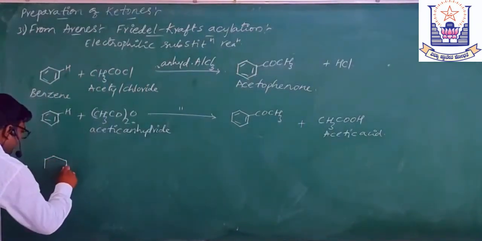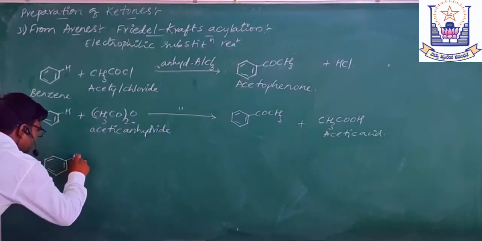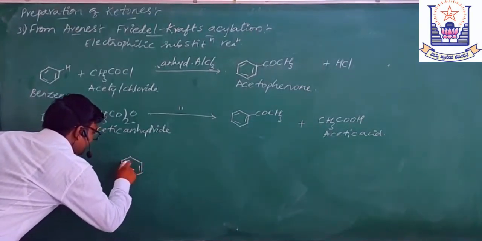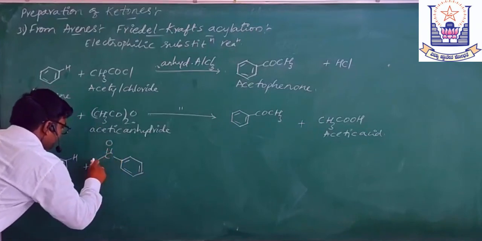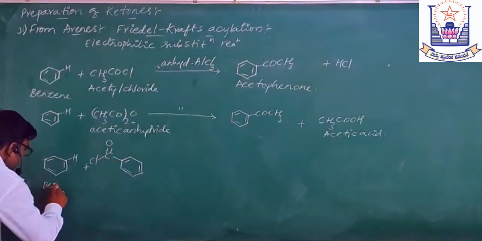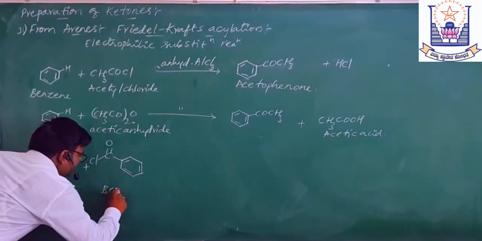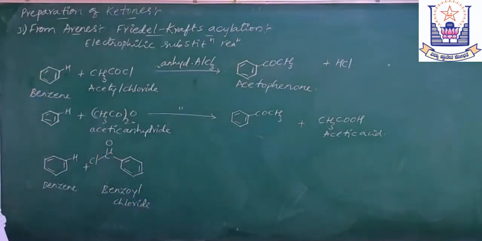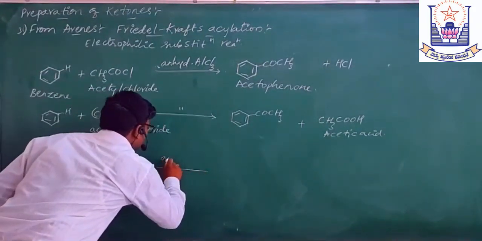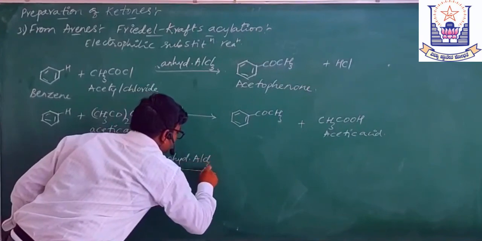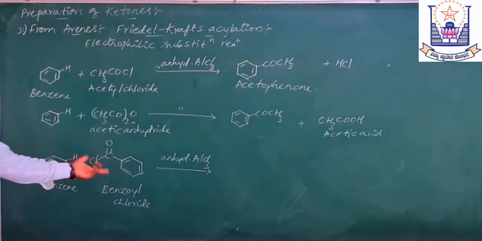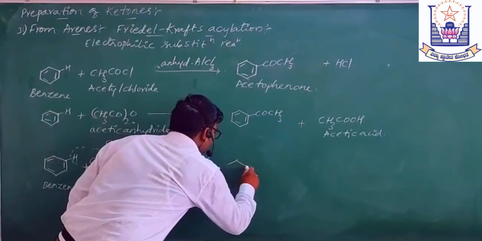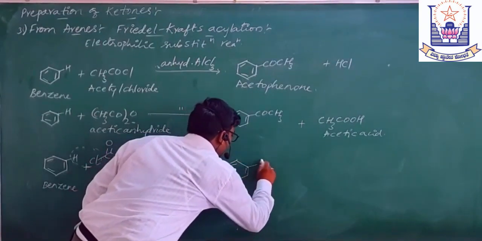Let us see one more reaction under this. When benzene is treated with benzoyl chloride, in the presence of anhydrous aluminum chloride, you can see the release of HCl, and the benzene rings will join.